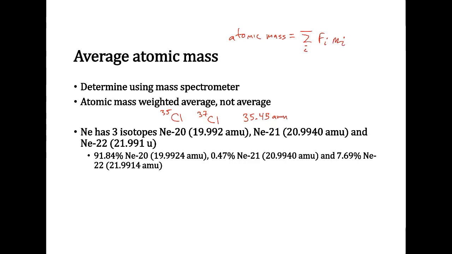The i just indicates an index, and that tells us which isotope we're talking about. The f here is the fractional abundance, or you could use the percent abundance and then divide by 100 later. And m sub i will be the mass of your isotope.